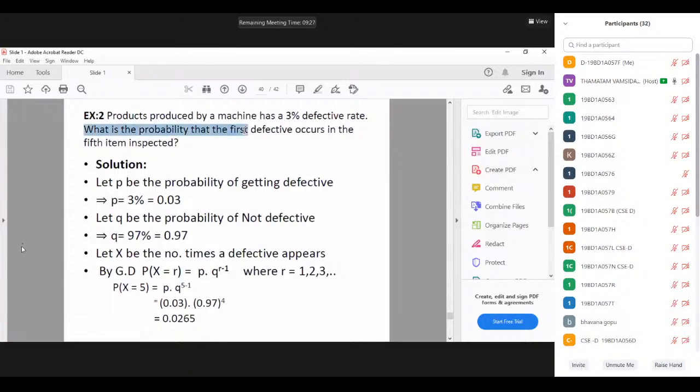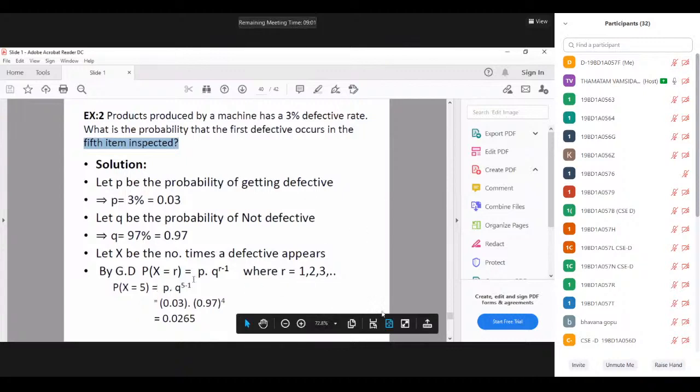What is the probability that the first defective occurs in the fifth inspected? That means the first defective is in the fifth inspected. That is x equals 5. Now we have to find the probability of x equals 5.